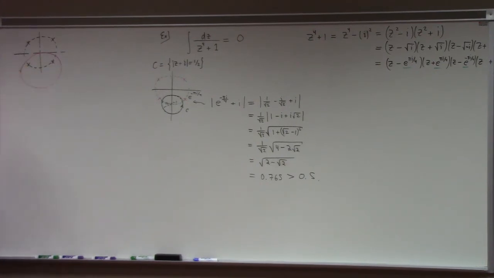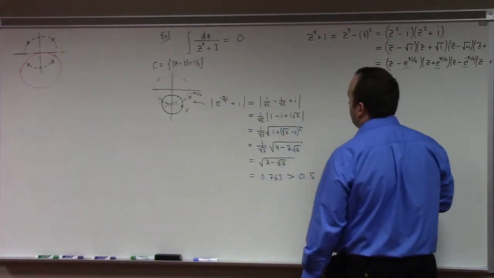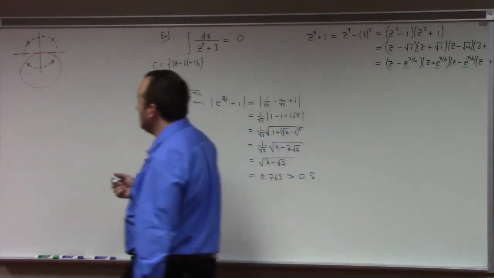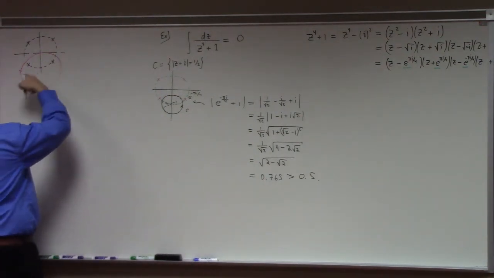Then what do we have to do to find the integral of z to the 4th plus 1 with that loop? Actually, along the way, we found something useful.